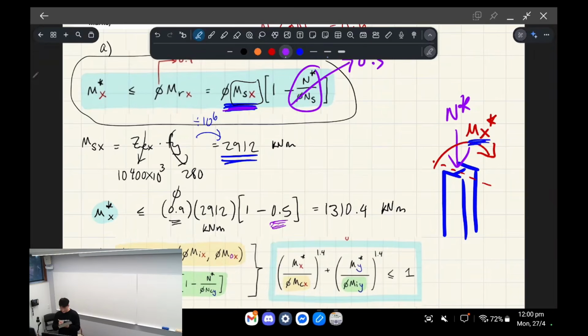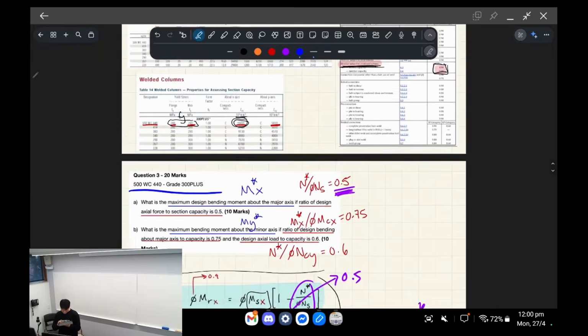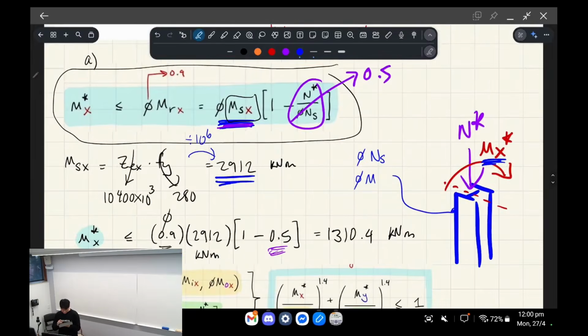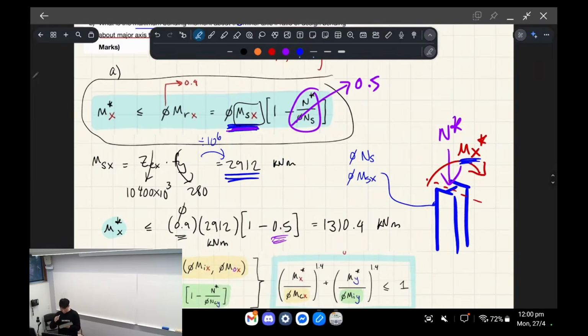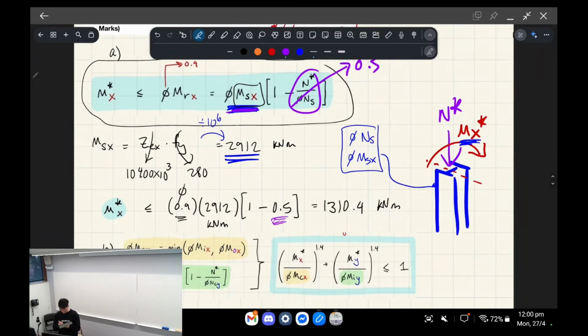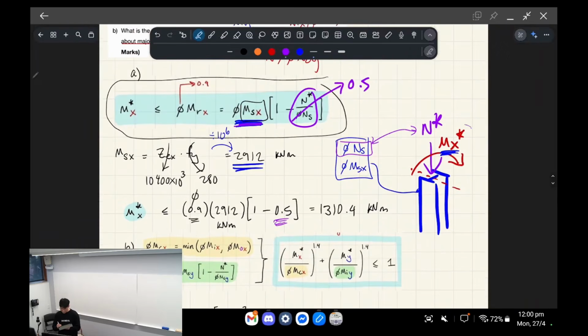And this column section had inherent properties of Ns, and it also had phi Ms, Msx. So there's some trickery with the ratios going on because these were paired together, basically, right? So we just worked out what the max bending moment that we could apply onto the column was, essentially.